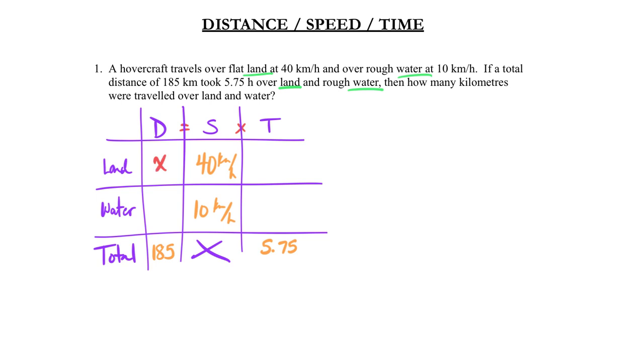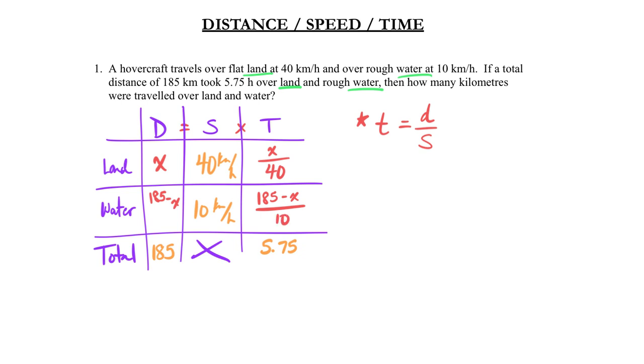And you'll notice in the final column, as soon as I make my distance x, and I know that time has to equal distance divided by speed, well, you take a peek. If my total was 185, then my water has to be 185 minus x. And as soon as I plug that in, then I know that my time has to be 185 minus x over 10.